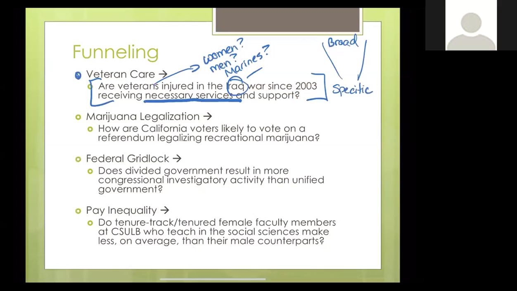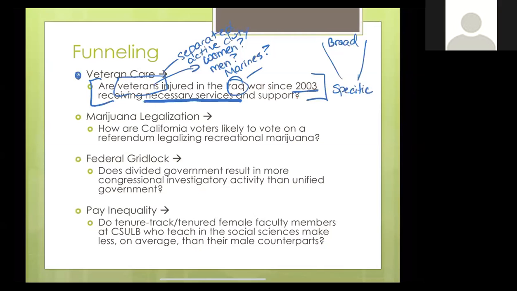Being able to specify these things matters. Since 2003, does that mean they had to be hurt after 2003, or that they had to join the service post 2003, or they had to leave the service after 2003? Does veterans necessarily mean separated, meaning they are no longer in the military at all, or can they still be on active duty?